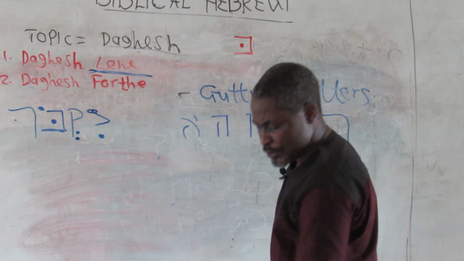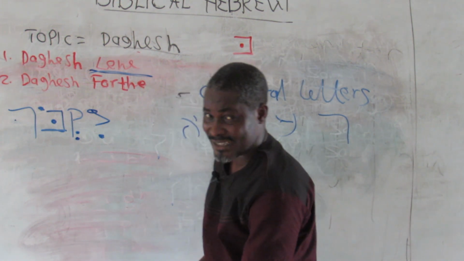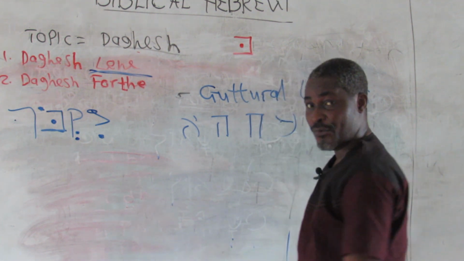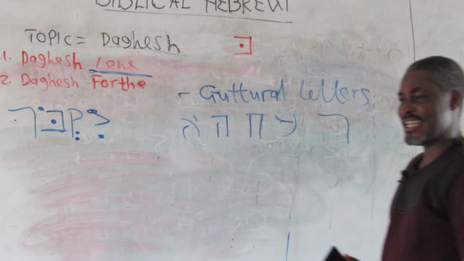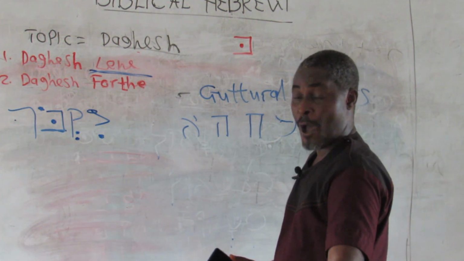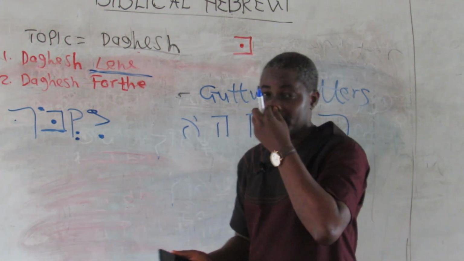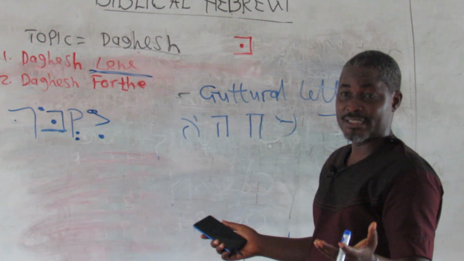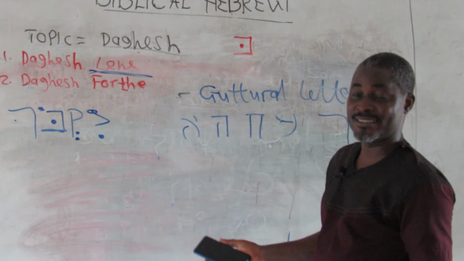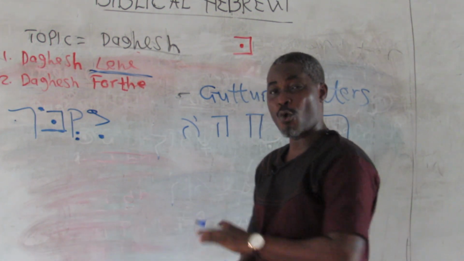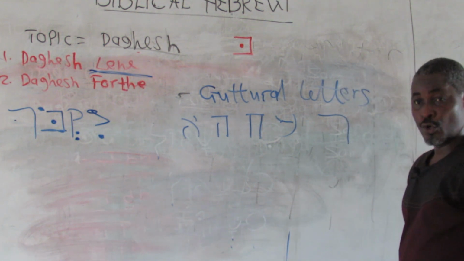Dagesh forte is also used as Dagesh forte characteristic or Dagesh forte euphonic. But what is most important to us now is Dagesh forte compensative for the noun. Dagesh lini is applicable to only the Begadkefat letters, but Dagesh forte is applicable to all letters except guttural letters.